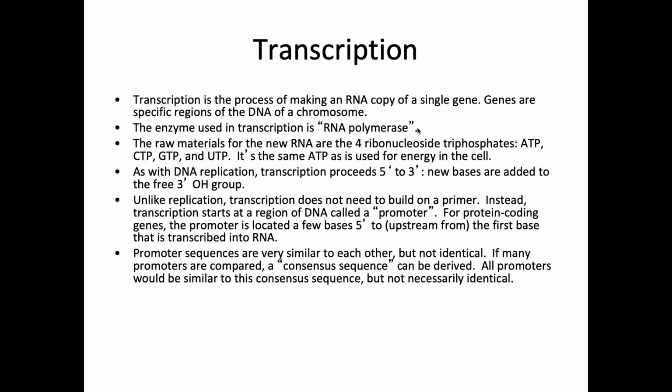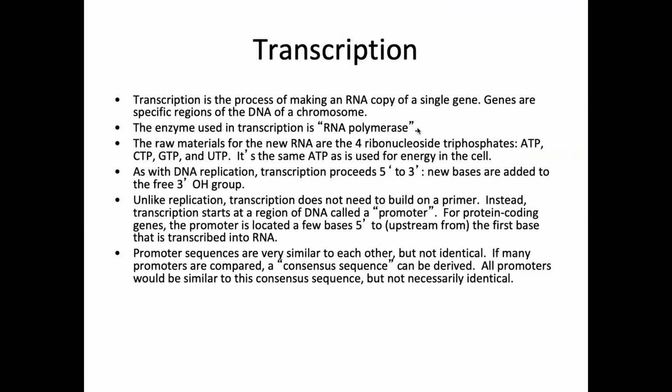So that means that the new bases that are incorporated into the growing RNA chain or RNA molecule are always added to that free 3' OH group. Okay, so again, that's a concept that we've talked about previously.